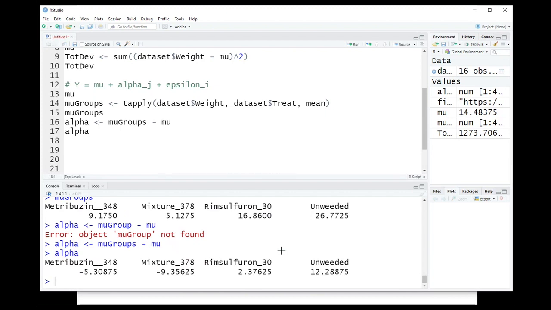So the treatment effect is negative, and that's positive for us, because it means that the herbicide is more effective. With rimsulfuron is not very effective because the plants treated with rimsulfuron weigh more than average. And of course, the untreated plants, they weigh much more than average. So we have quantified the treatment effects, right?